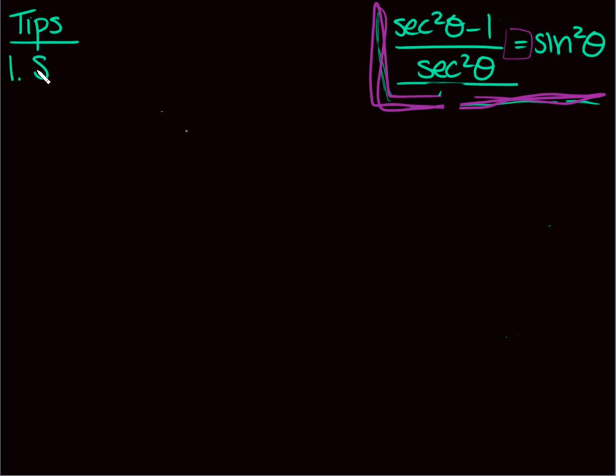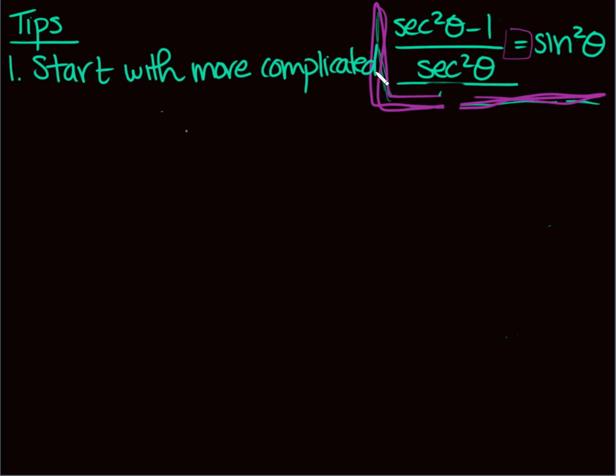So you want to start with the more complicated side, and you're going to show that it equals the other side. So start with the more complicated, and that's a relative term. What is complicated? Well, if there's more stuff to do, if there's a fraction versus no fraction, if there's an addition sign versus no addition sign, stuff like that. So that's what we mean by complicated.